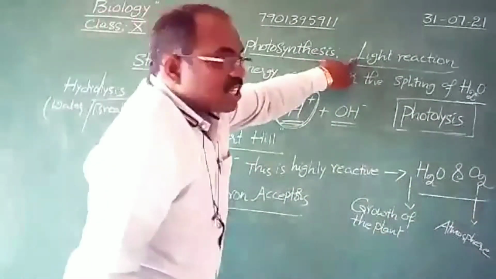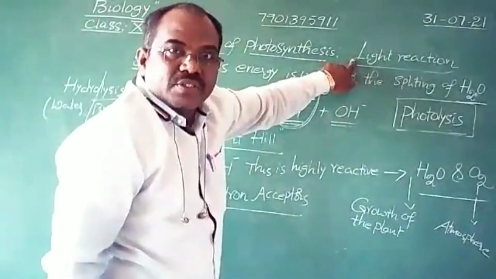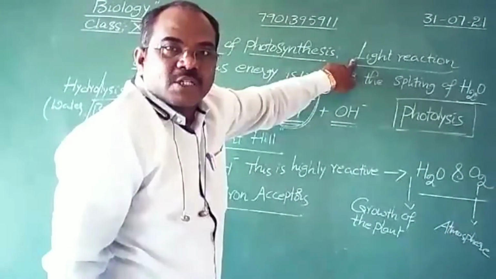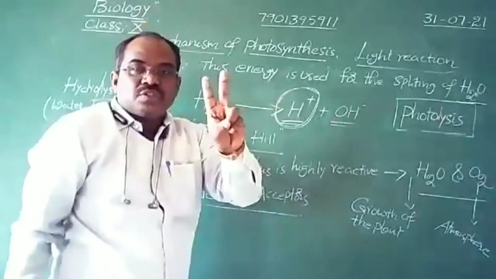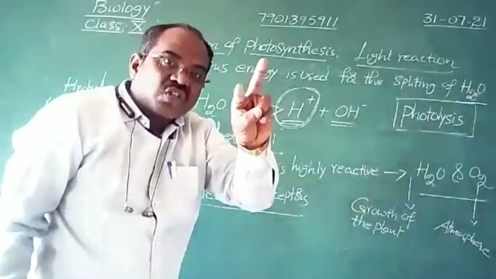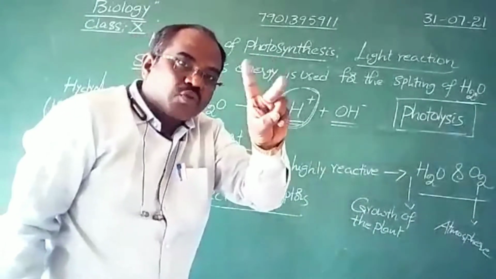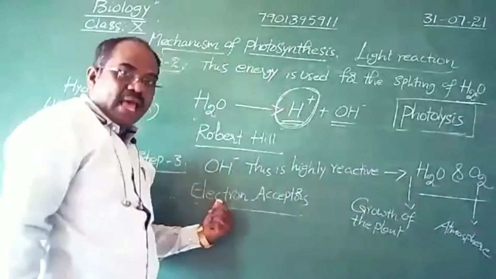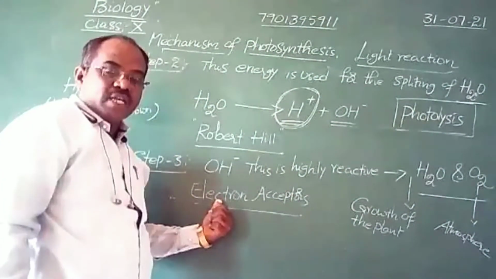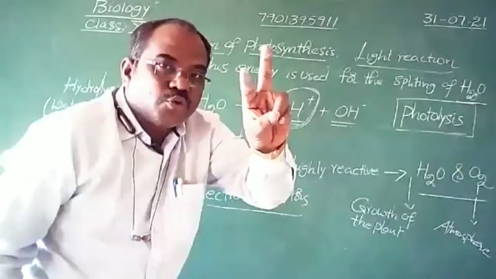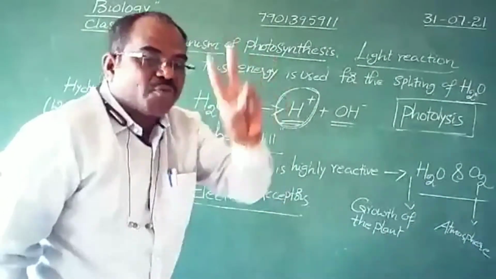Finally, in the light reaction process of photosynthesis, two compounds are formed by using electrons.